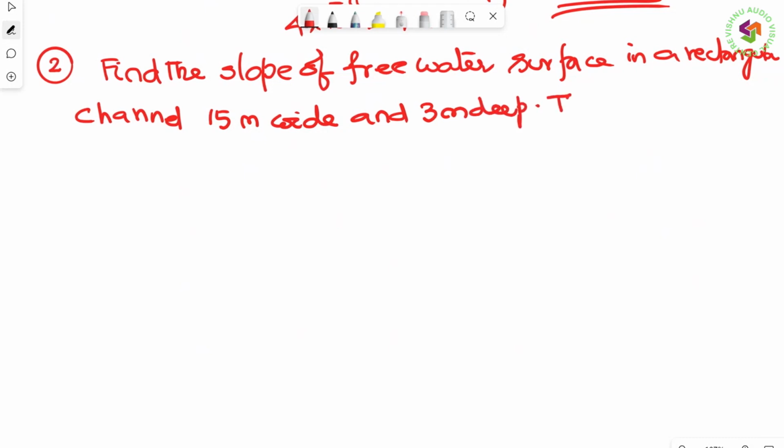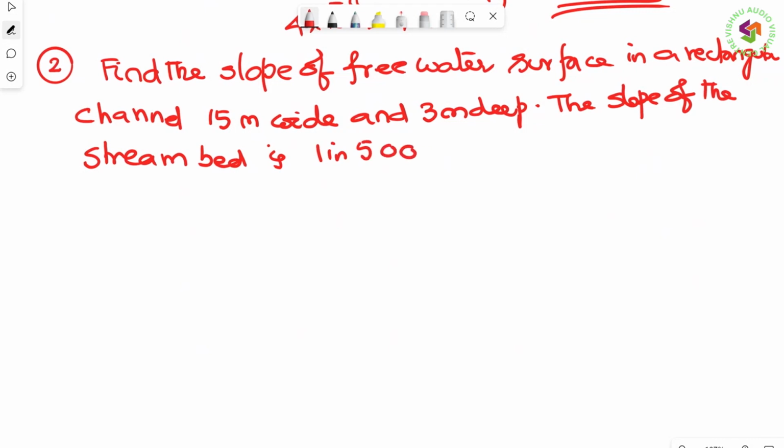The slope of the stream bed is 1 in 5,000. Total discharge is 29 meter cube per second.